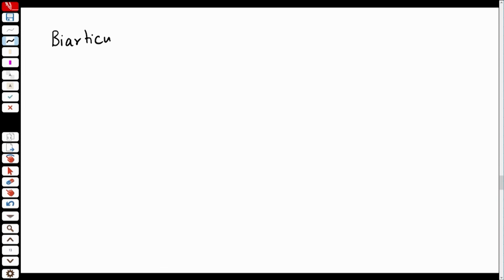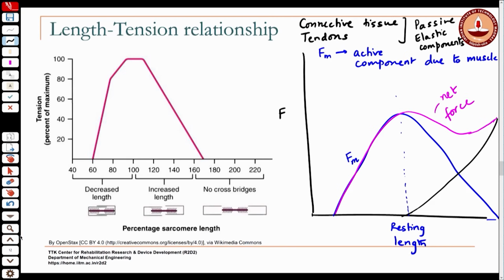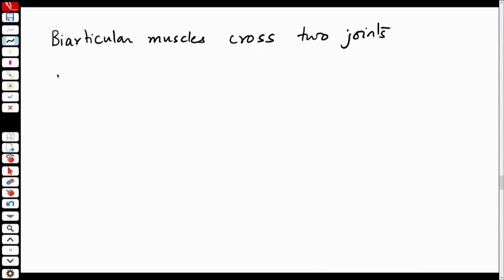So, the biarticular muscles cross two joints. In these cases the passive tension that we saw starts playing a role, and I will explain it with an example.